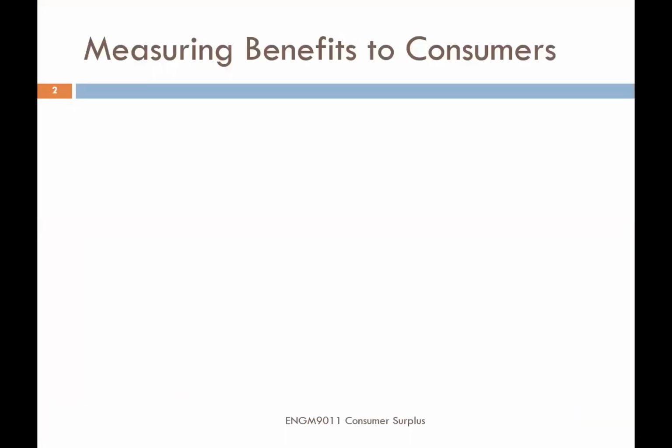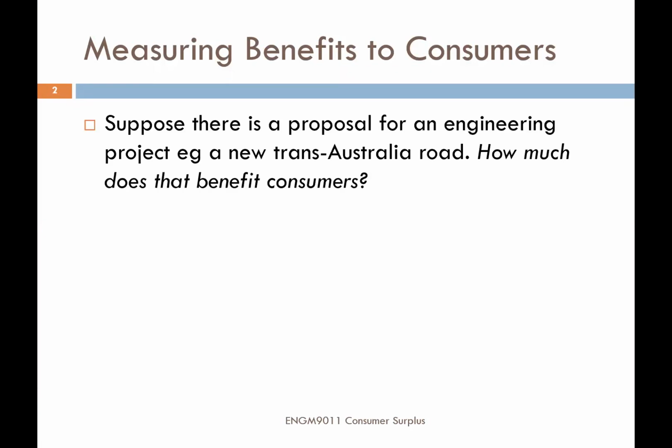All right. So what we're interested in a lot of times is there'll be a policy undertaken, and we want to know how does that affect consumers, right? So, for example, if there's a new Trans-Australia road, that would presumably lessen traffic, make it easier to drive across country, maybe shorten the time traveled because of less traffic, and it goes to more places that are convenient for you.